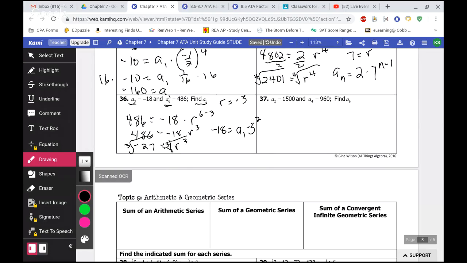Did you see where I got that? Yes. Because I'm using this value here. So that's going to be n minus 1, which is going to be 2. And then -18 equals a1 times 9. Divide both sides by 9, and you get -2 equals a sub 1.